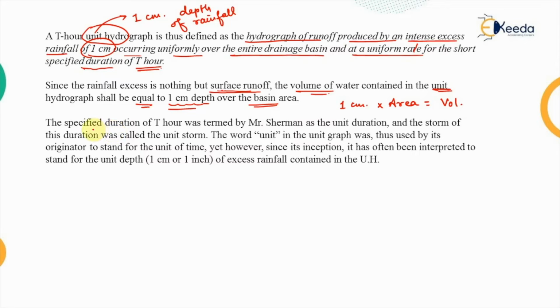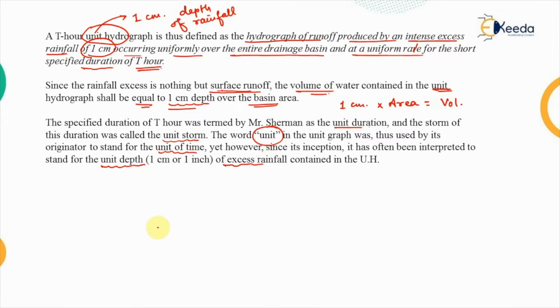The specified duration of T hours was the unit duration, because of which the storm was known as the unit storm. The word unit in the hydrograph was given to indicate the unit of time. However, it has been interpreted to stand for the unit depth of the excess rainfall.